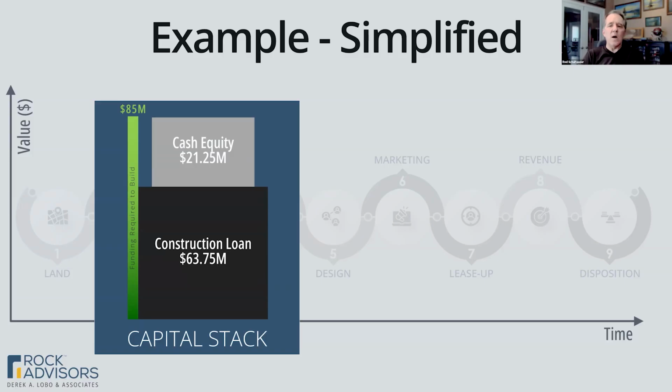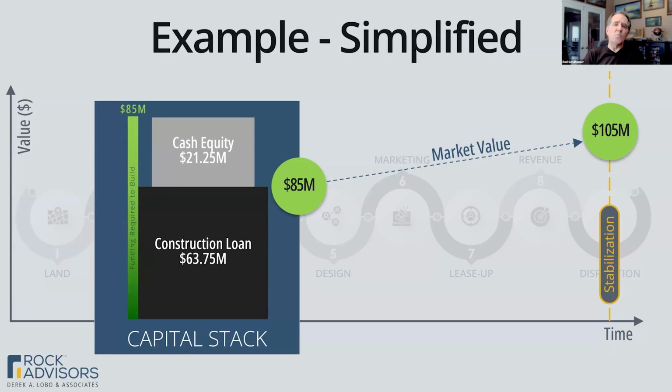And so this building now is worth $85 million. But we're going to assume a number of years down the road, 2, maybe 3 years, whatever the construction phase is, that $85 million building is now going to have a market value of $105 million because time's gone by, because now there's rental income, and for a variety of reasons, it's worth more money. And so that's the example we're going to work through.